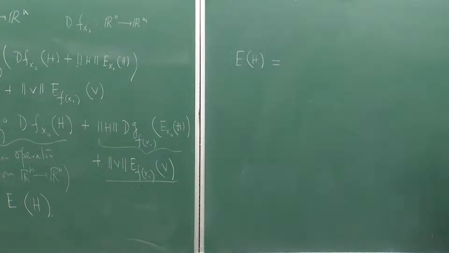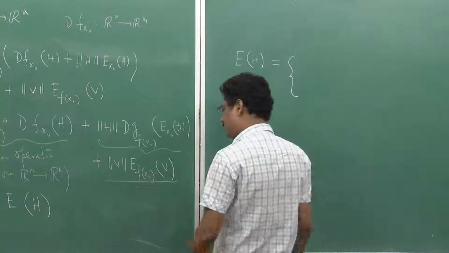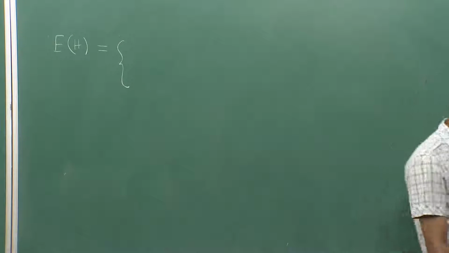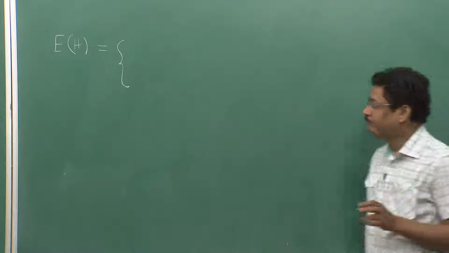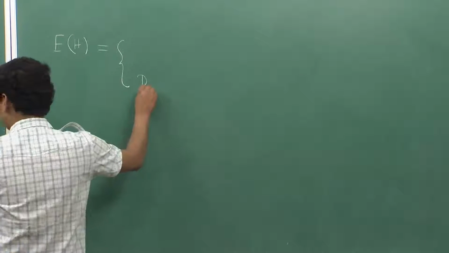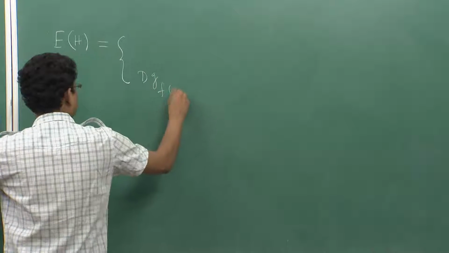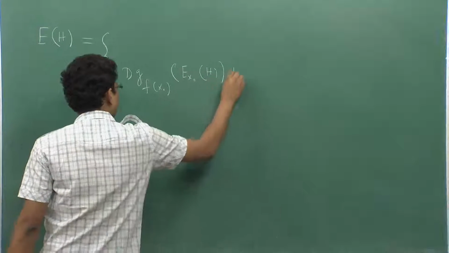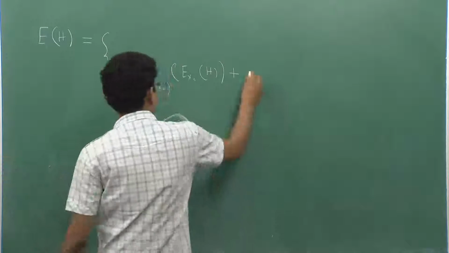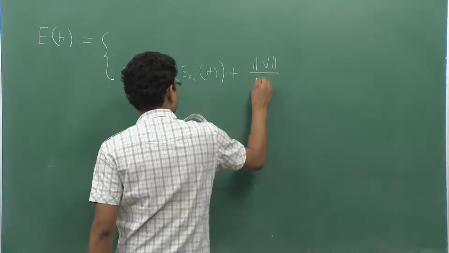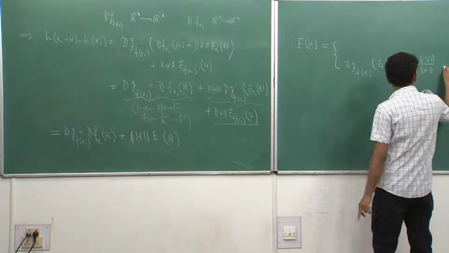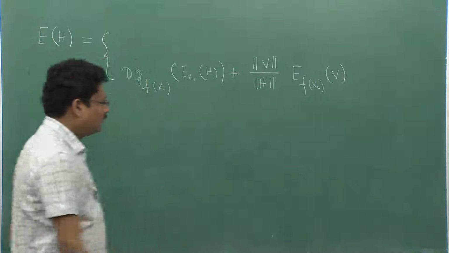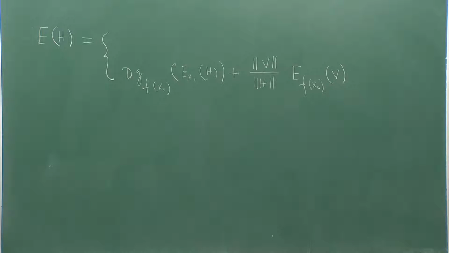E of h is, well, if I want to write it in norm h form, this is equal to d g at f x naught at E x naught h, plus norm V by norm h times E f x naught of V. But you see this is divided by norm h, so h is non-zero.